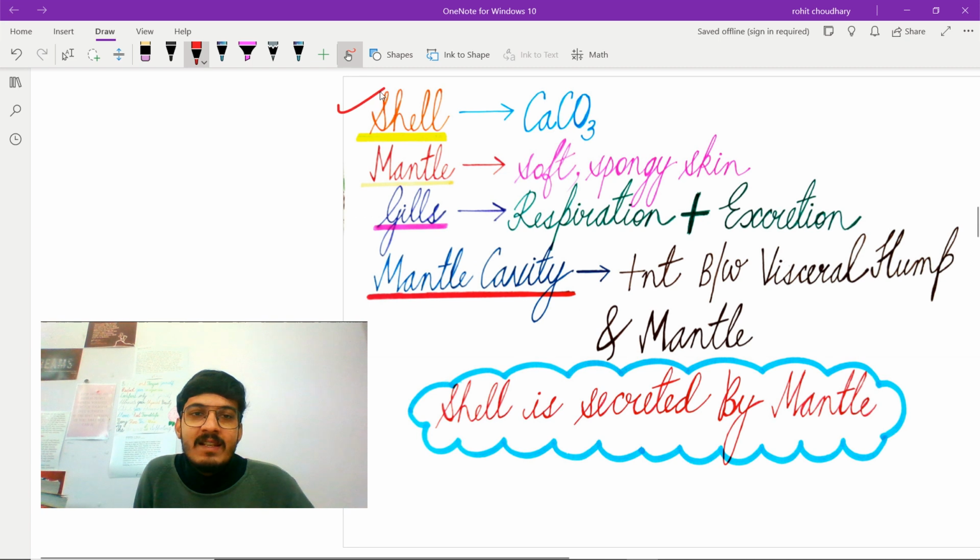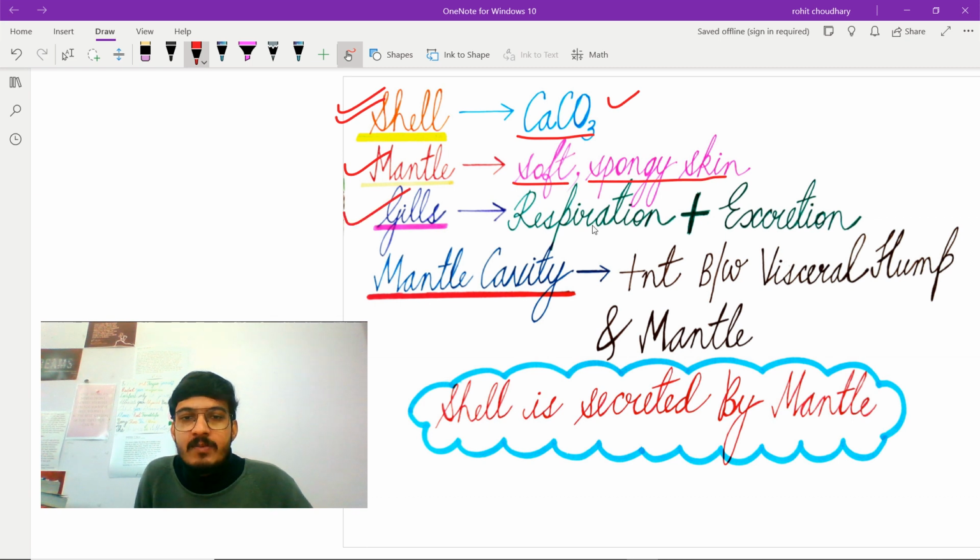As we know, the shell is calcareous, that means it is made up of calcium carbonate, and the mantle is soft spongy skin. The next is gills. They help in respiration and excretion. They perform a dual function. And the mantle cavity is the cavity present between the visceral hump and the mantle.